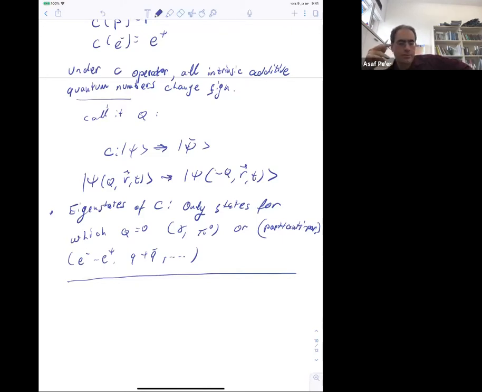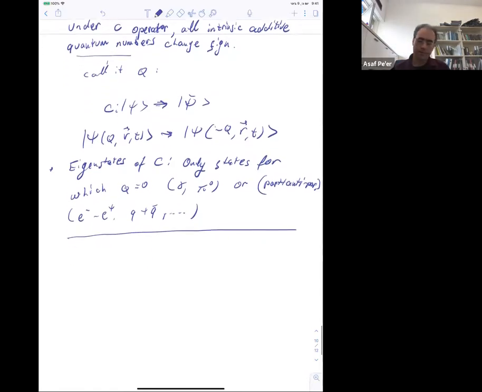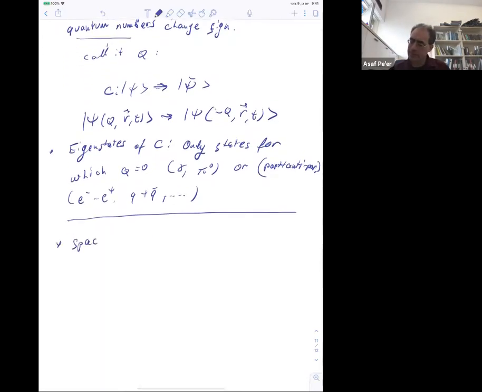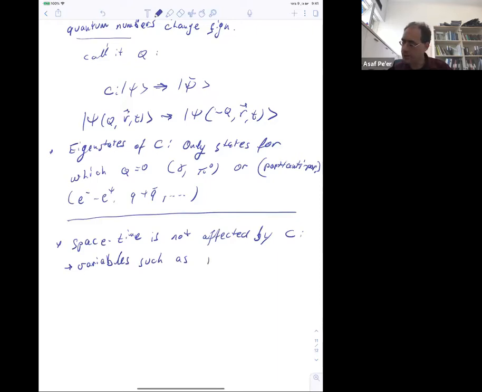So variables that depend on space and time, such as momentum and spin, do not change sign under C. Space and time are not affected by C, and momentum and spin are unchanged.